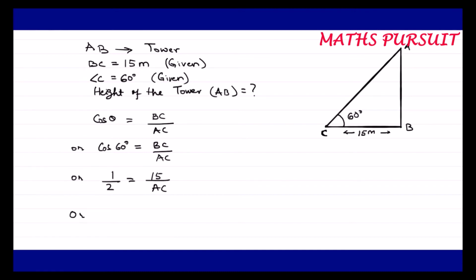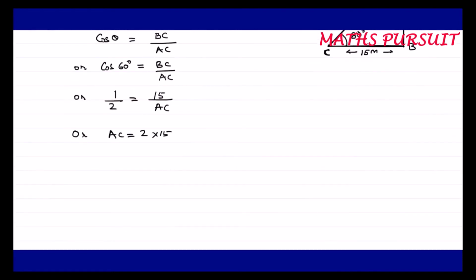Or I can write AC is equal to 2 into 15, or AC is equal to 30 meter.